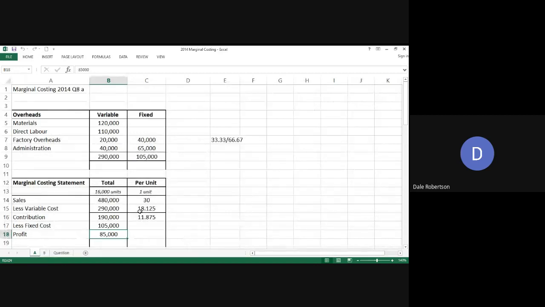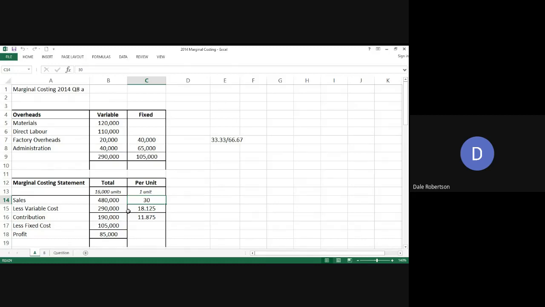And then we're going to do this per unit. So if we divide by 16,000, we find that each individual unit we sell for €30. Now, if you divide 290 by 16,000, it actually gives you 18.125, and the Department of Education marking scheme here required the 3 decimal points, which it didn't previously, but it's a warning that if it does give you 3 decimal points on the calculator, you might as well give them.